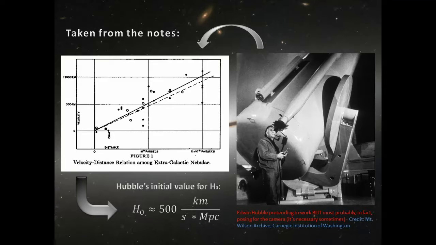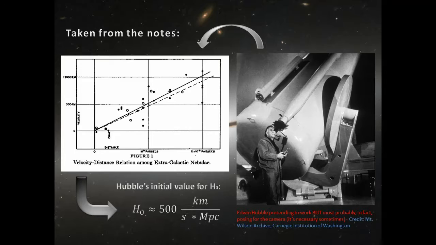When he plotted his data, he calculated his proportionality constant to be 500 kilometers per second per megaparsec. It's in this weird unit because it makes the number more reasonably sized. But he had made a mistake with his standard candles when measuring the distances to these objects.